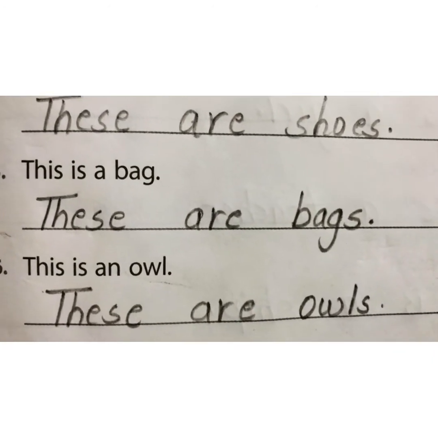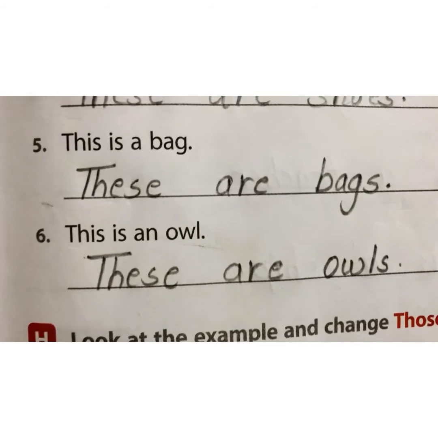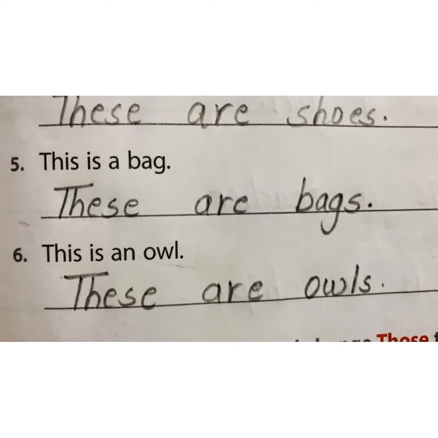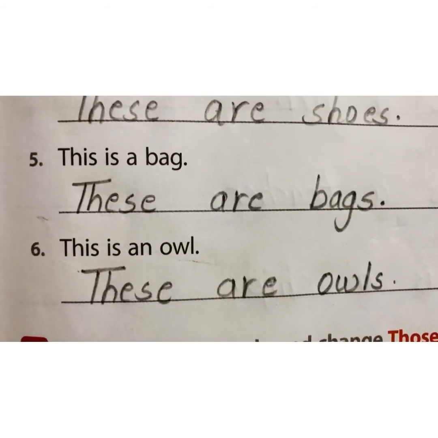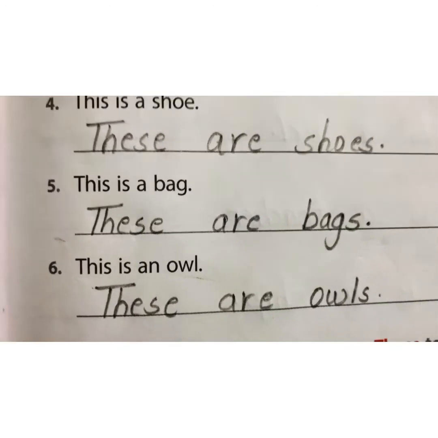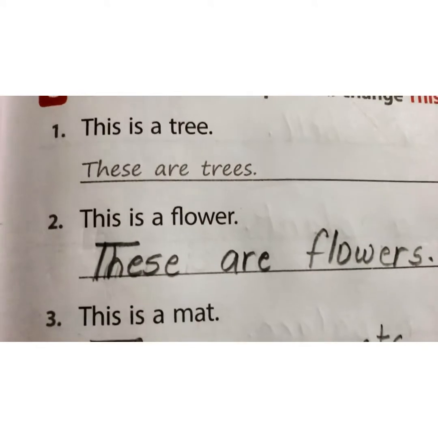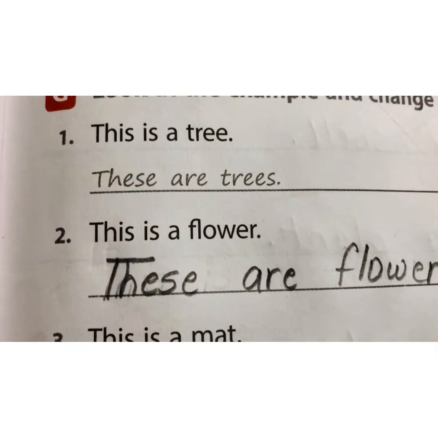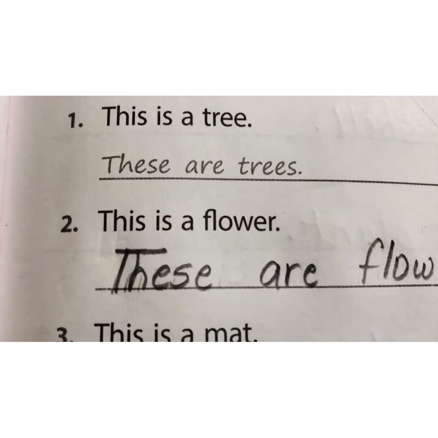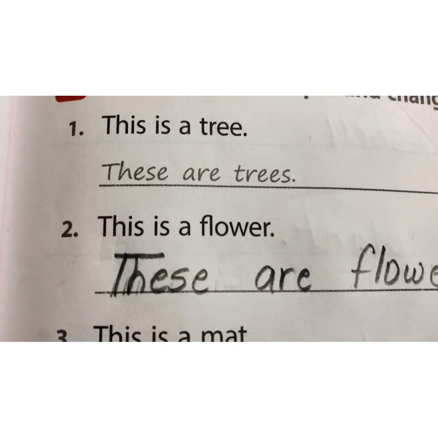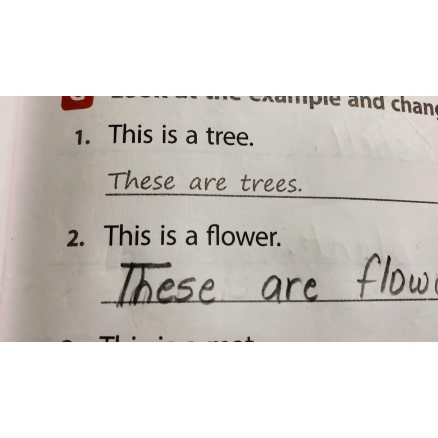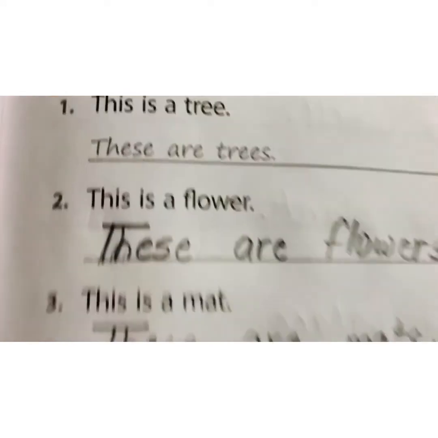These are bags. The last one, this is an owl. These are owls. What we have done in this question? We have changed this to these, is a to are, and singular nouns to plural nouns by putting S.